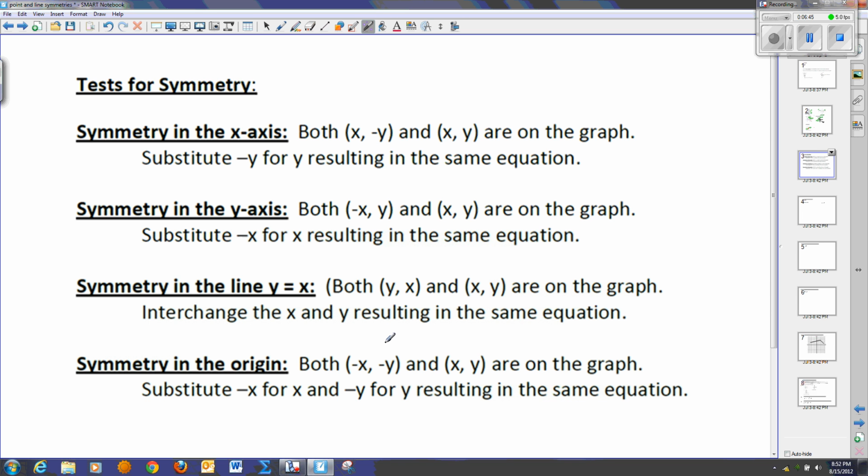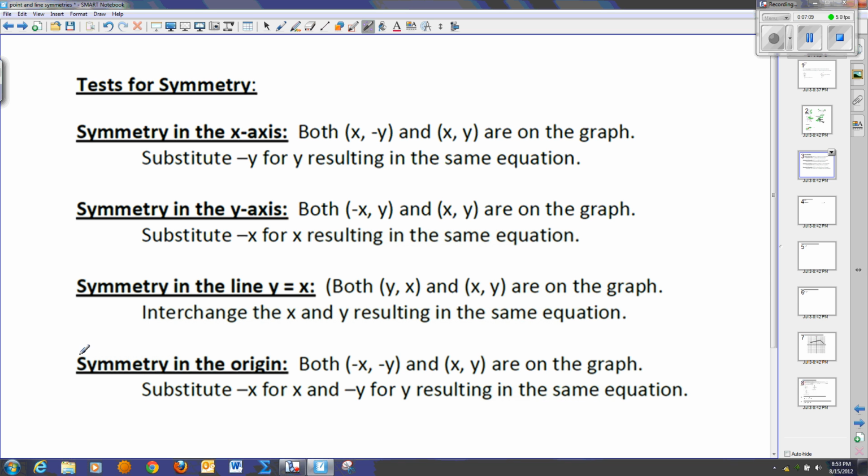plugging x in. If we have symmetry of y equals x, we know that if we start with an xy point and flip over the line y equals x, we end up with the xy point moving to a yx point. In other words, if I interchange both the x and the y, I get the same result.